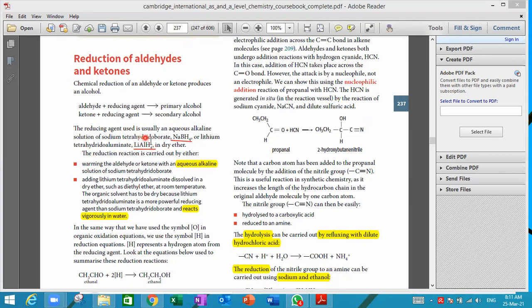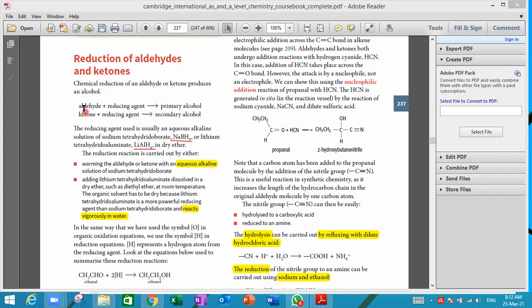Because lithium tetrahydroaluminate is very reactive, and if it is placed in water, it reacts vigorously with water. That's why we have to use them in the presence of dry ether, as they are powerful reducing agents. Of course, lithium tetrahydroaluminate is a much more powerful reducing agent than sodium tetrahydroborate, and that's why lithium tetrahydroaluminate should always be used in dry ether.